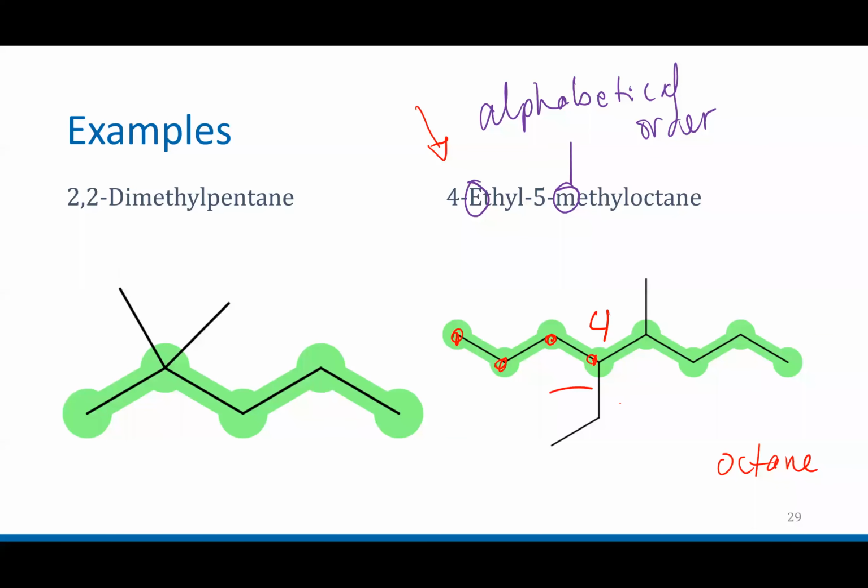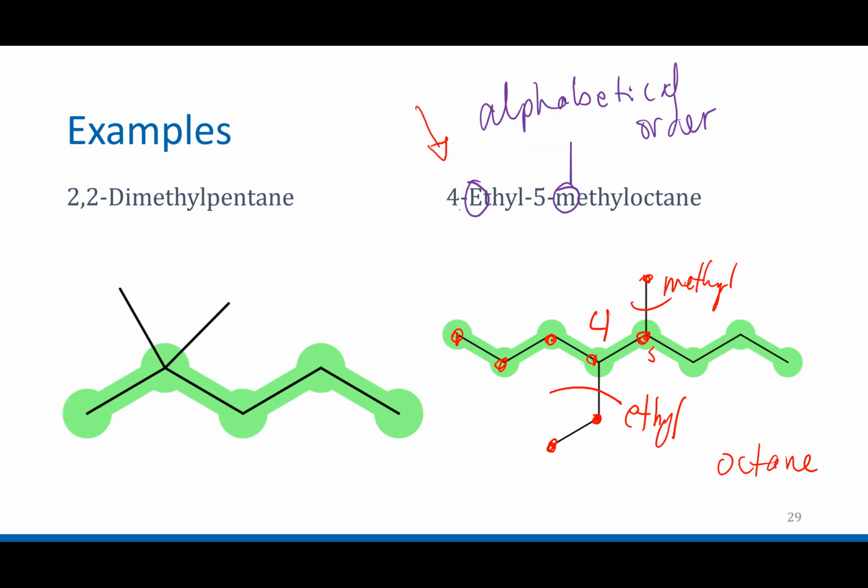So on the 4th carbon, I have an ethyl group, ethyl because it has 2 carbons. On the 5th carbon, I have a methyl group because it only has 1 carbon. And that's my name: 4-ethyl-5-methyl octane.